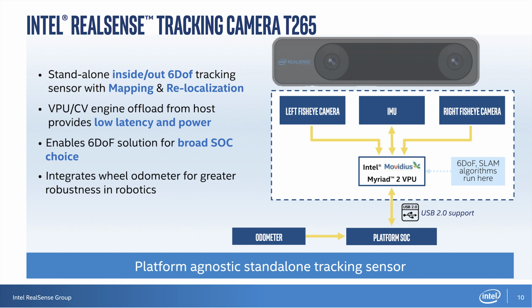Here you can see a system overview. It uses 2 fisheye cameras and an IMU. And what is important to highlight is that the whole algorithm is running on board on the Intel Movidius Myriad 2 vision processing unit.